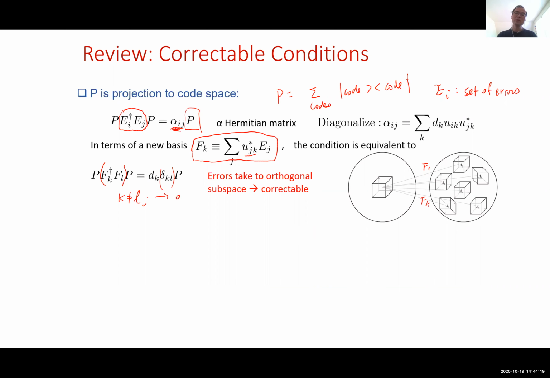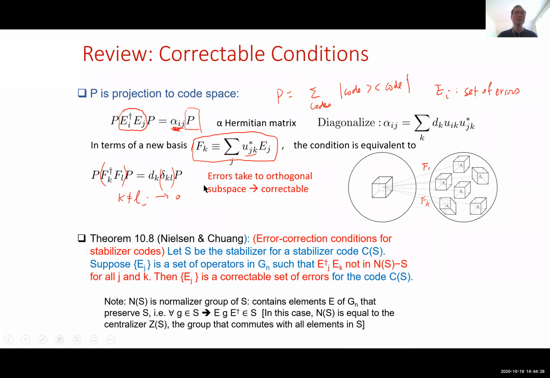Okay, and we look at Shor's code also in terms of this. So if you have time, you should review that statement, how we show that Shor's error correction code can correct one qubit error. And many quantum error correction codes are expressed in terms of the so-called stabilizer. So they are stabilizer codes.